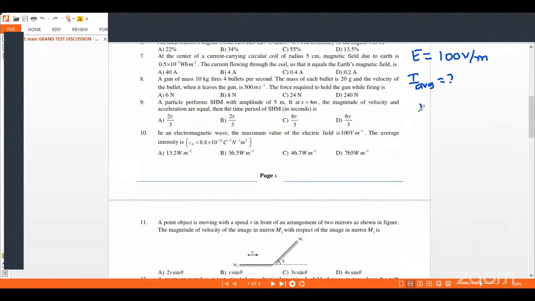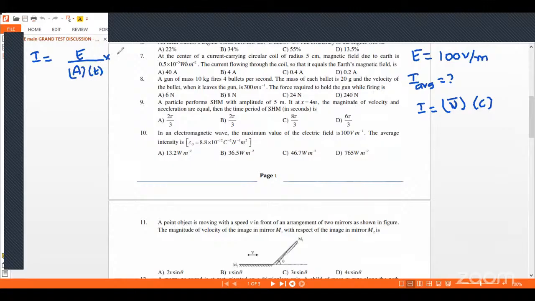Generally, we can write intensity as energy density times speed of light. Otherwise, intensity equals energy per unit area and per unit time.